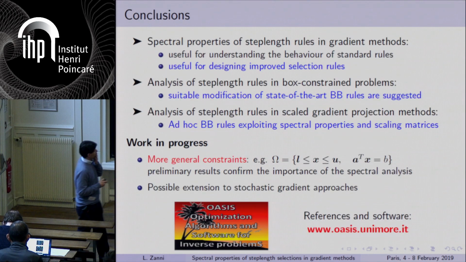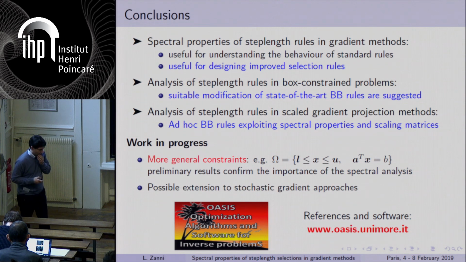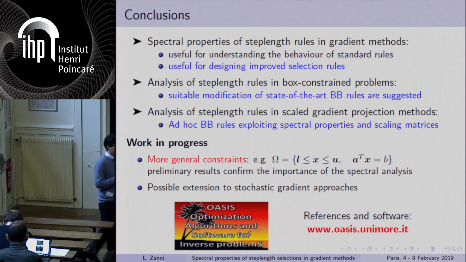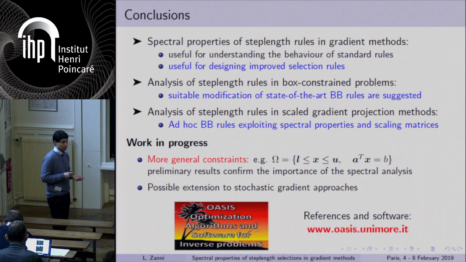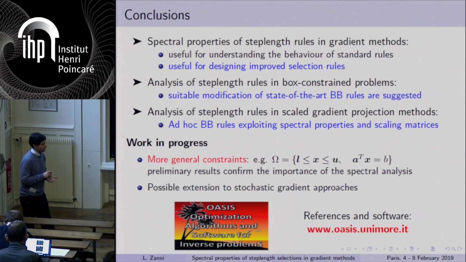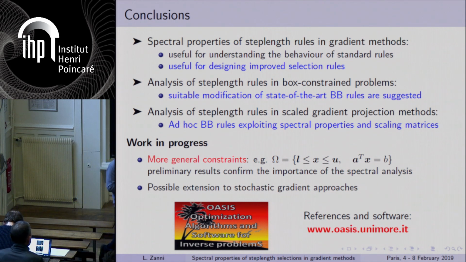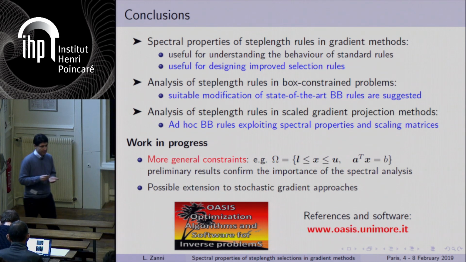I can conclude with some considerations. I have presented some ideas concerning the spectral property of the step length in the unconstrained case. This consideration is useful not only to understand the behavior of the step length in the unconstrained case, but it is useful also to design new rules for the constrained case.